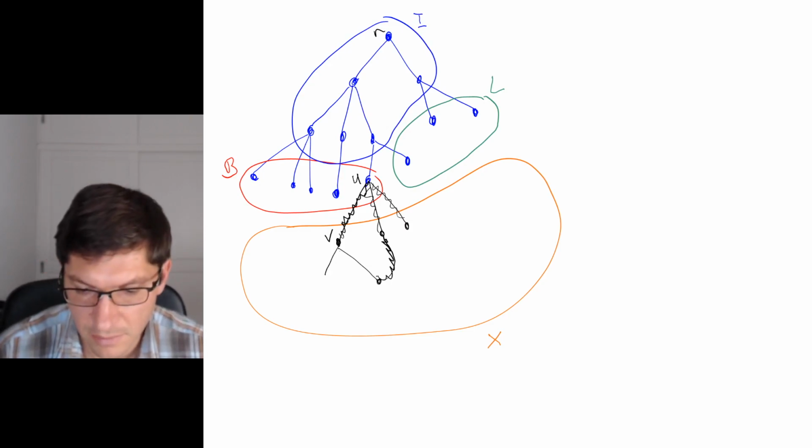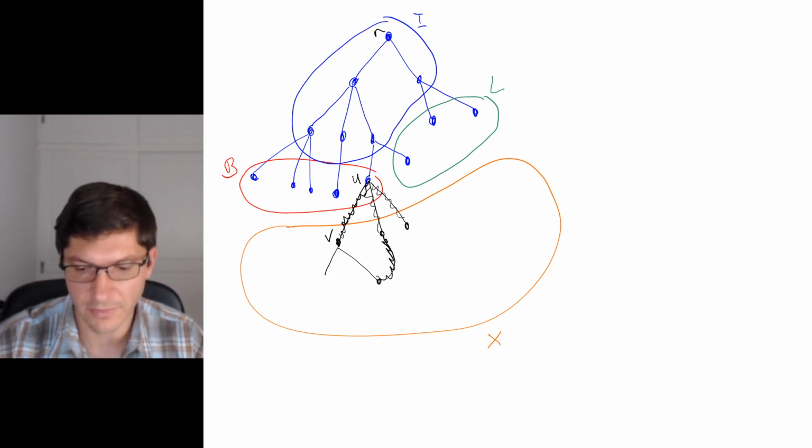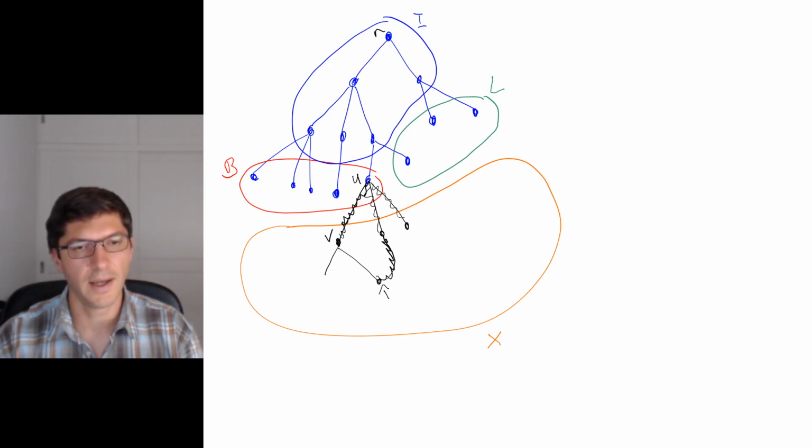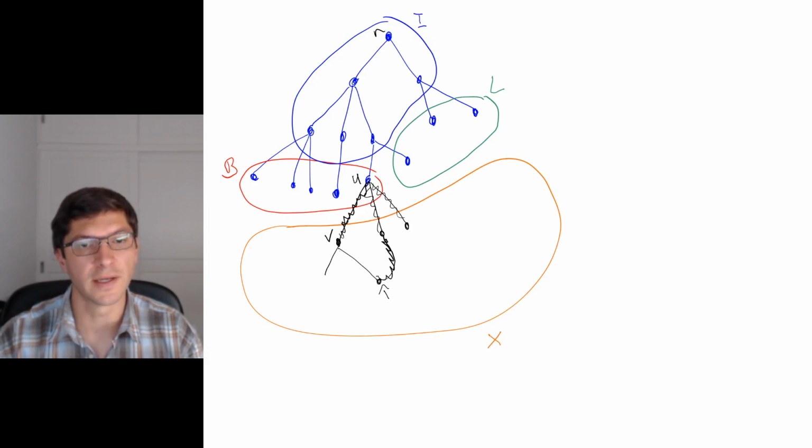Okay, and then the only other vertex that we affect is this other vertex here. And all we did to it is we removed one incident edge. So it can't be the case that it was a leaf before and it's not a leaf anymore, because we removed one incident edge.